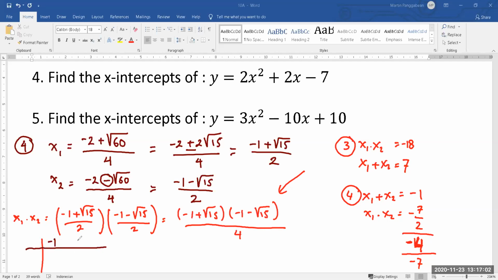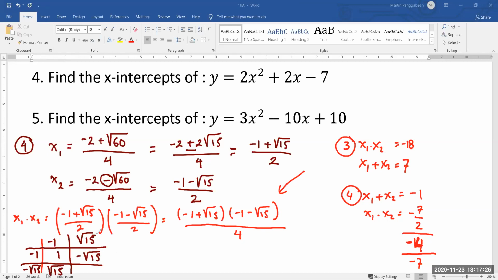So it is -1, and then this one is square root of 15, and this one is -1, and the other part is negative square root of 15. -1 times -1 is 1. -1 times square root of 15, negative square root of 15. Negative square root of 15 times -1, positive square root of 15.